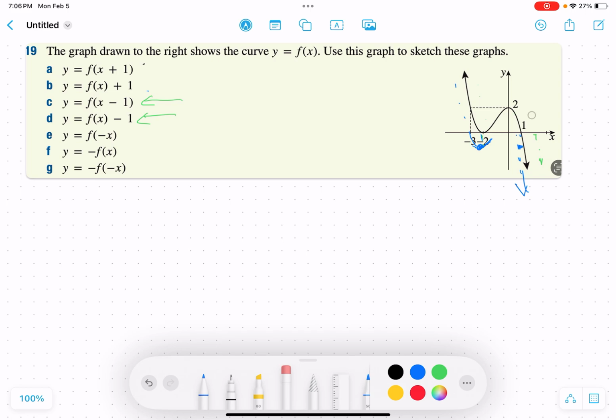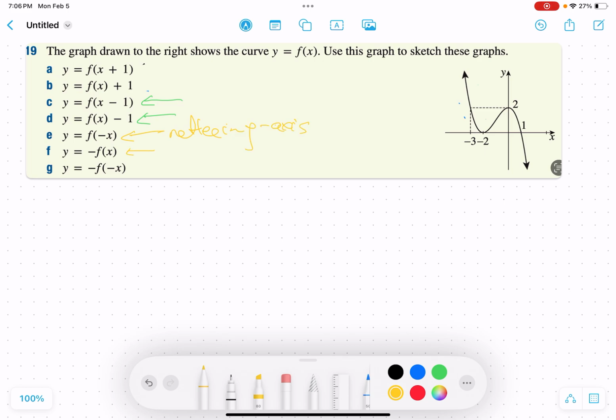Now, when it's inside the bracket and it's a negative x, like the next one, what happens then? Oops, lost my pen, try again. Here, this one, E, it's inside. So I always think of inside as horizontal movement. So horizontally, we're looking at a reflection in the y-axis.